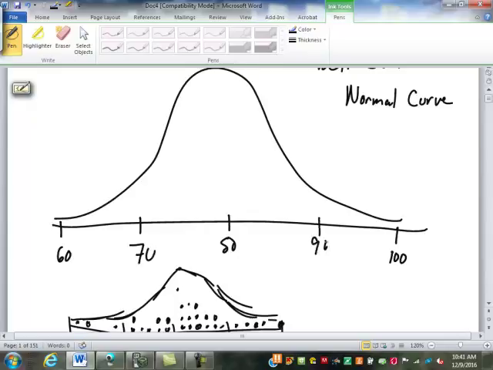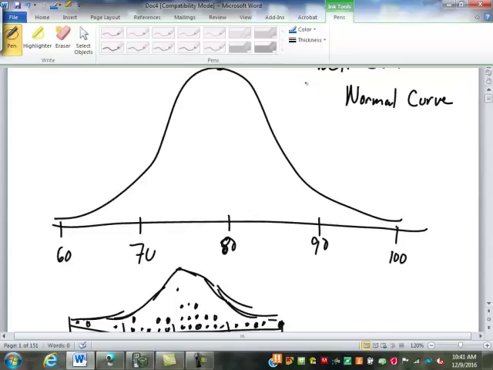The height of this curve represents the number of students that have that score. So the higher the curve is at that point, the more students had that particular score. So it's really low here at 100 because very few students scored 100. Really low at 60 because very few students scored a 60. And that's what that curve means.